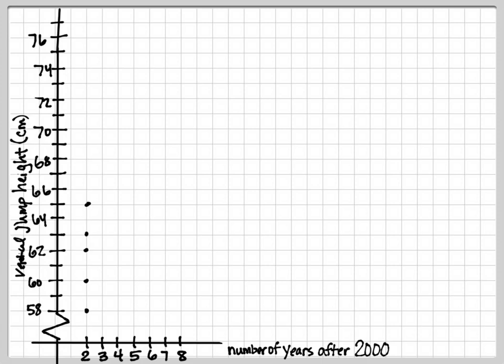In 2003, I have a bunch of dots. This time 62 is my smallest, of 62, 64, 65, 66, and 67. 2004, I have 64, 65, 66, 67, and 68. 2005, I have 65, 66, 67, I have 68, and I have 70.